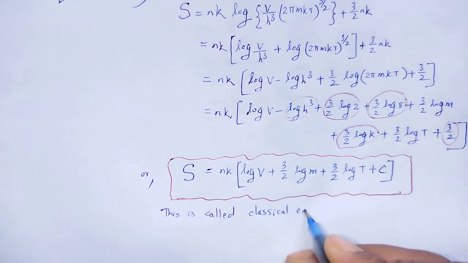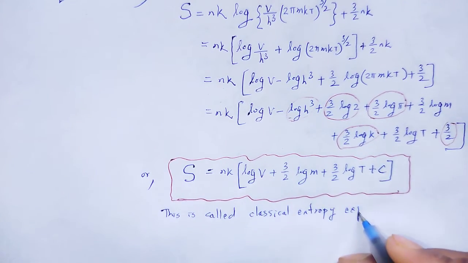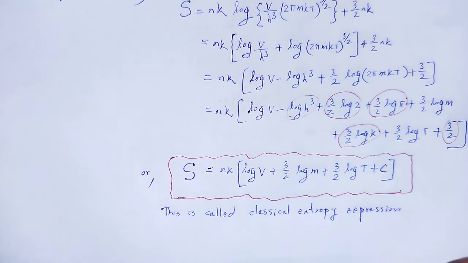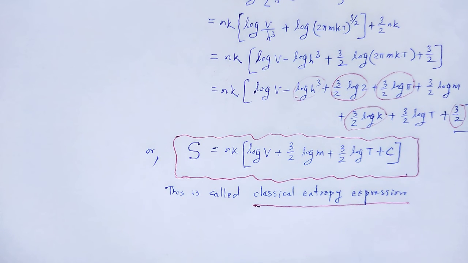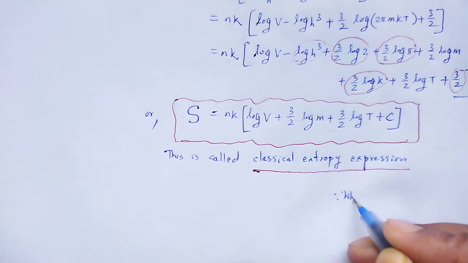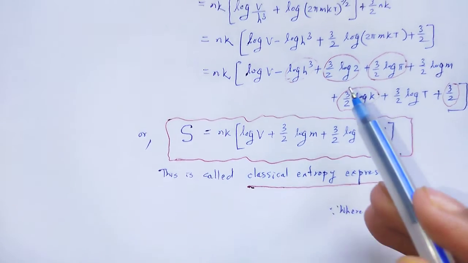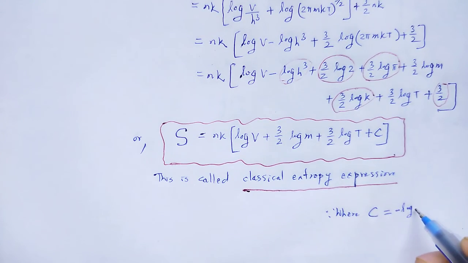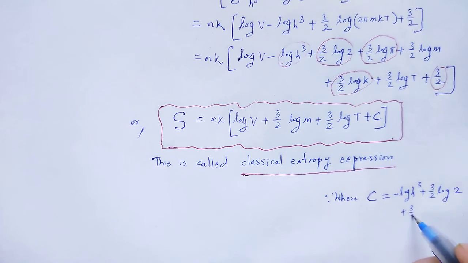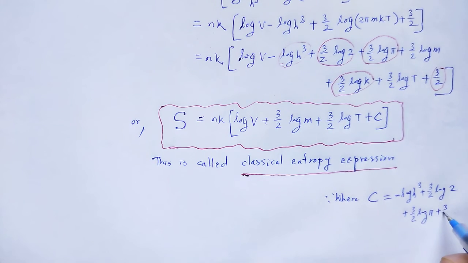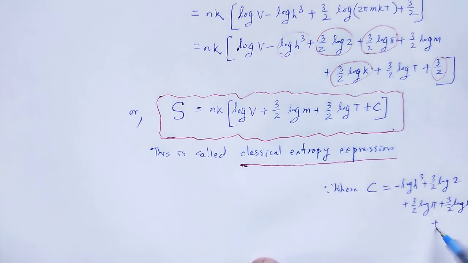And by using that classical entropy expression, we can easily derive Gibbs paradox and Sackur-Tetrode equations in upcoming videos, where the constant C is written as minus log h cube plus 3 by 2 log 2 plus 3 by 2 log pi plus 3 by 2 log k plus 3 by 2.